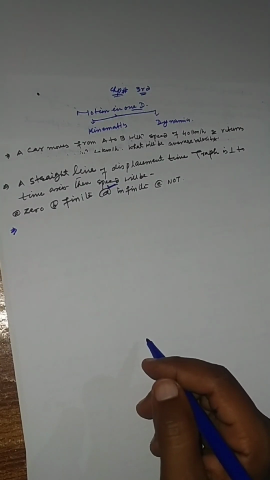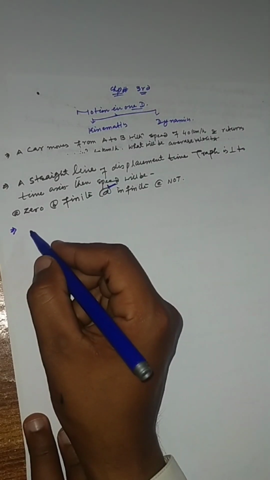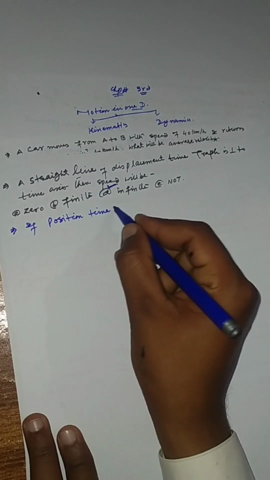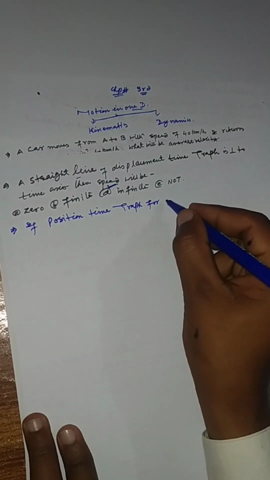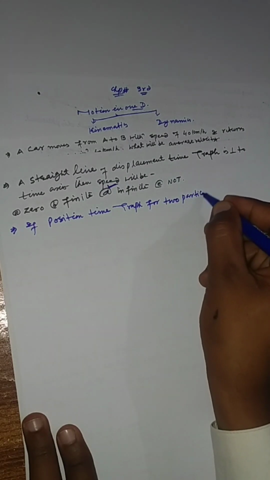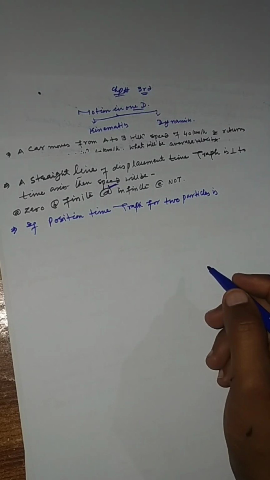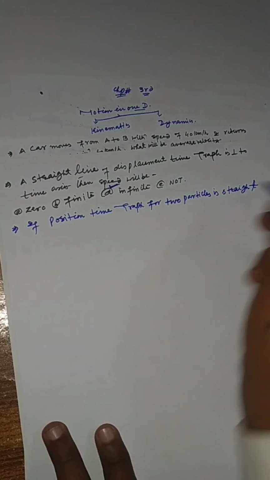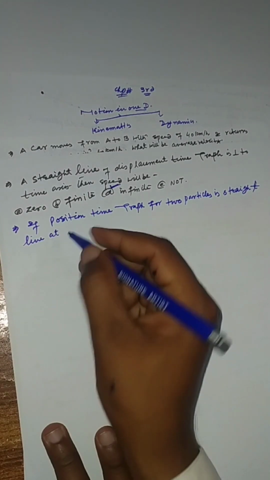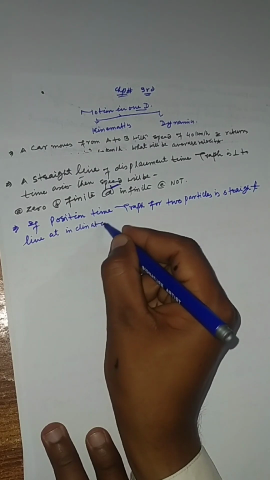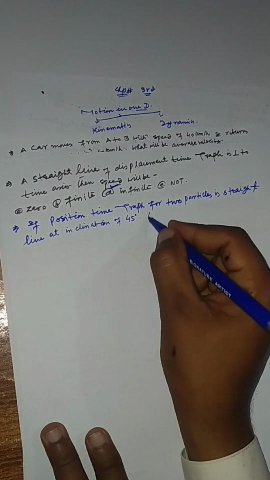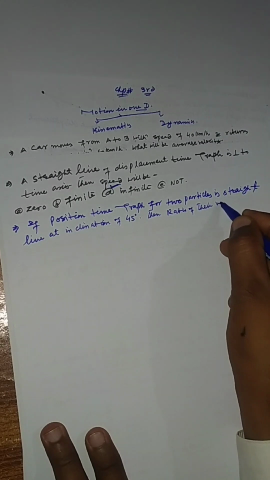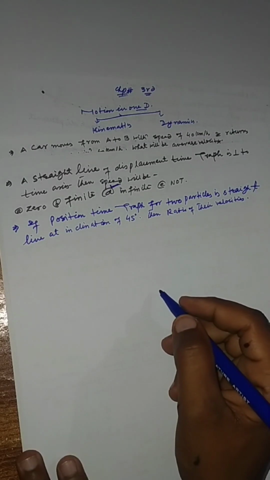If we take another problem: if the position time graph for two particles is a straight line at an inclination of 45 degrees, then what will be the ratio of their velocities?